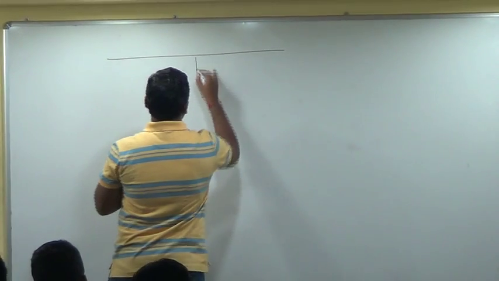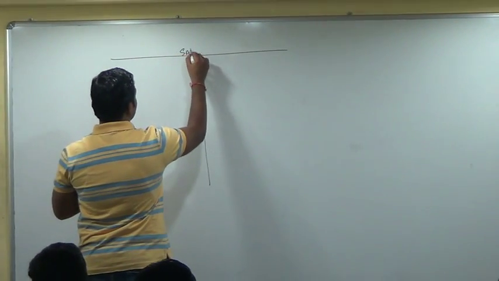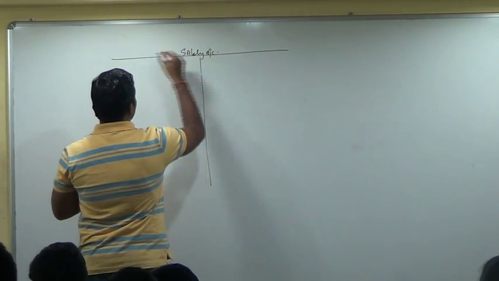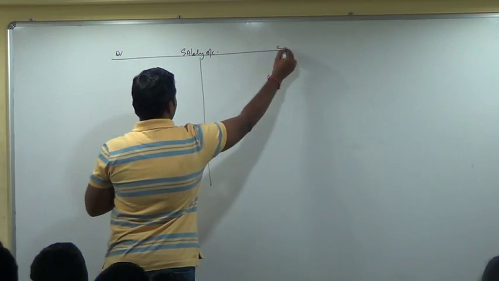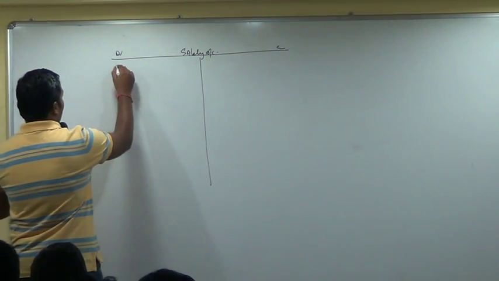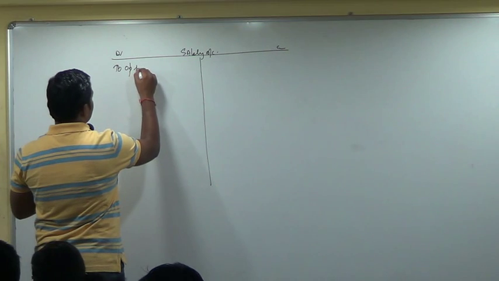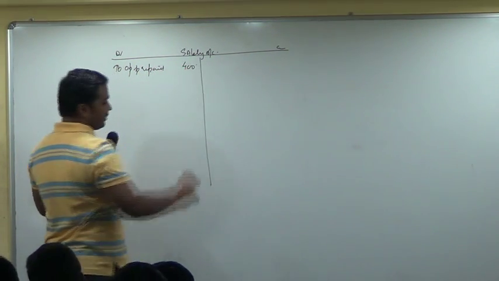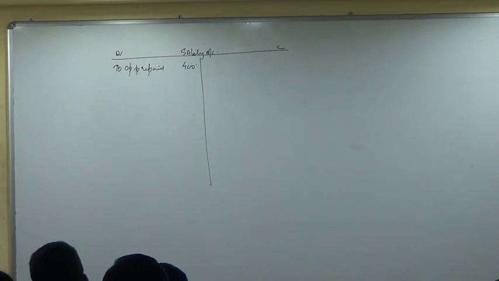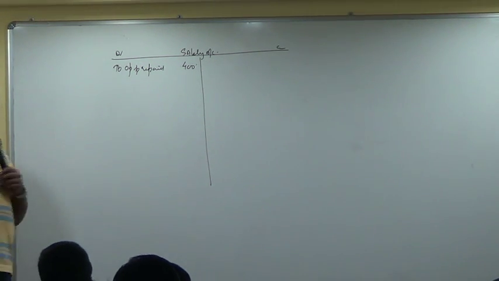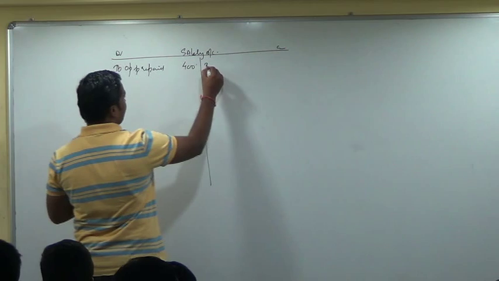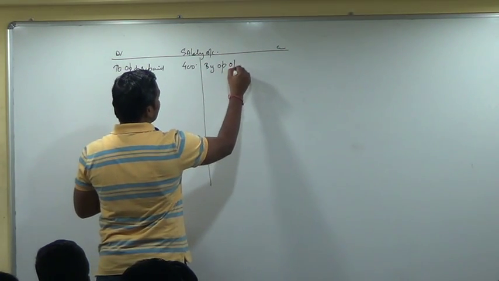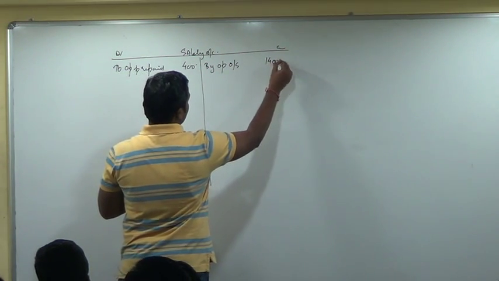Write down salary account, debit, credit. Opening prepaid, how much? 400. Opening outstanding, how much? 1400.